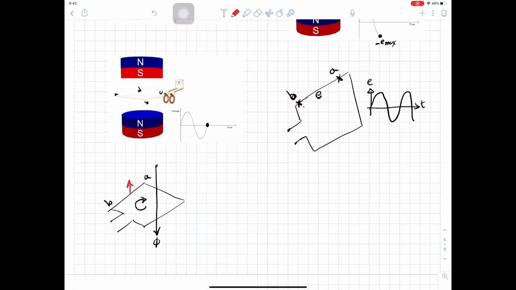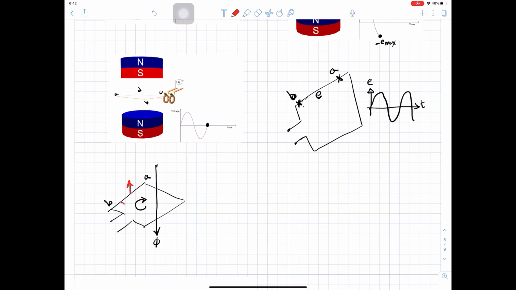If you receive the flux into your hand and your thumb is pointing to the direction of the rotation, you can find the direction of the EMF using the right hand rule.